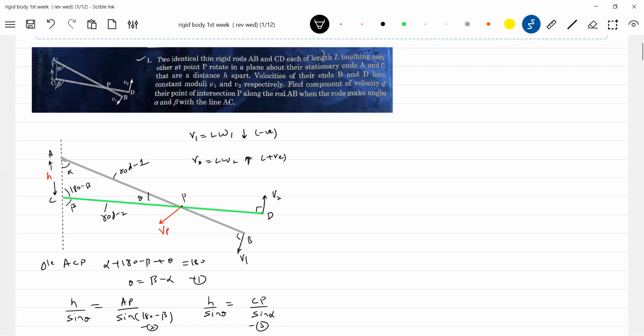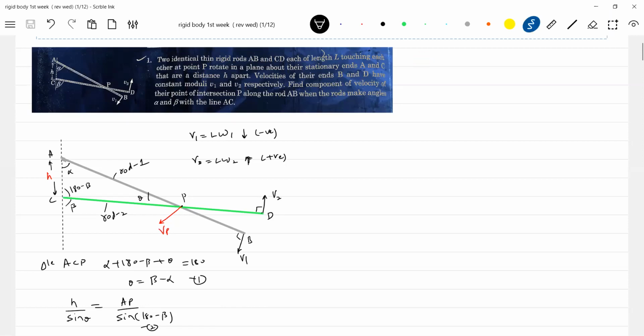Altogether, we needed AP, no? So AP, what can I add? Sine of 180 minus beta will be sine beta. And theta, what can we write? Beta minus alpha. Equation 3 needed or not needed, I just wrote it. If needed, I'll bring it. Why unnecessarily write so many equations?